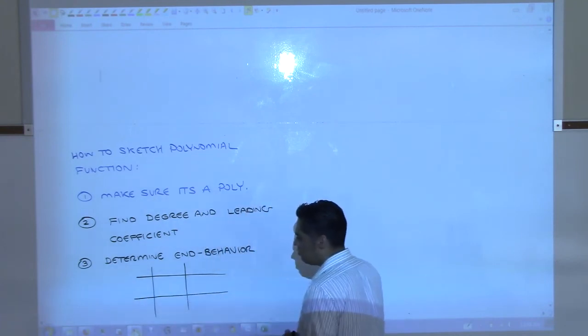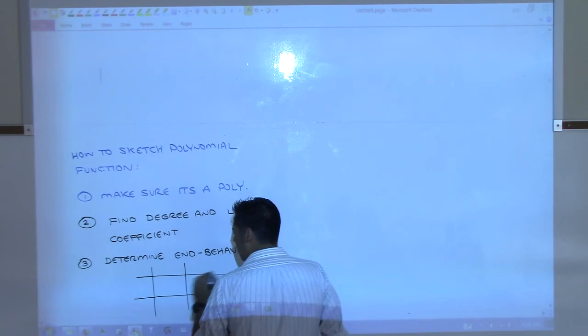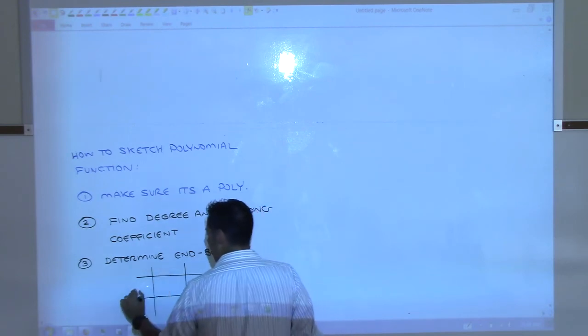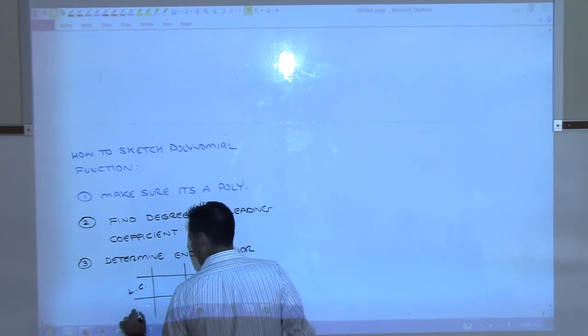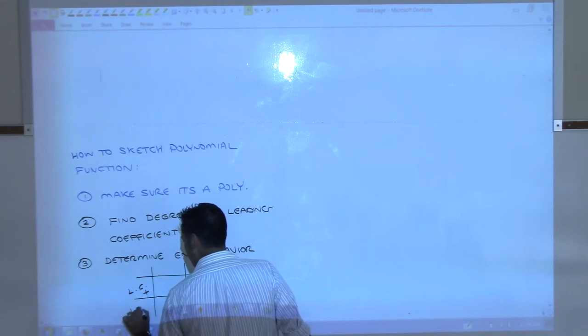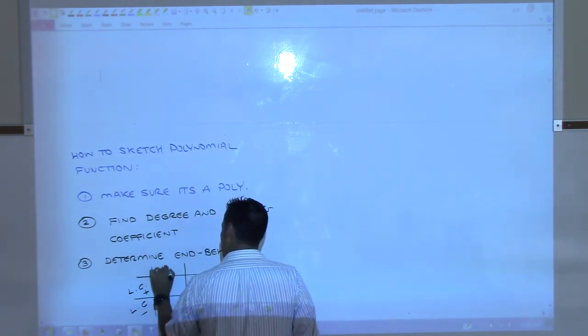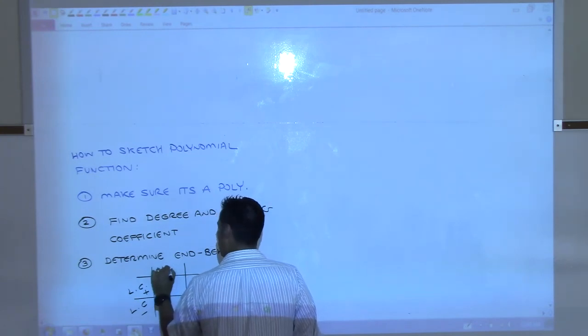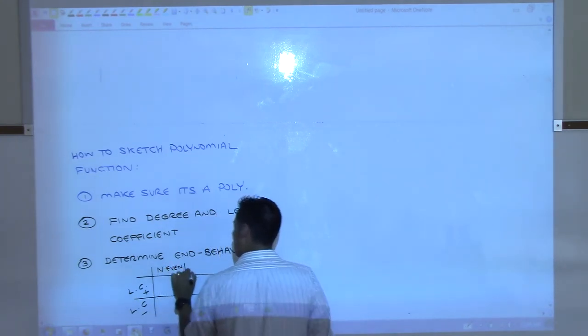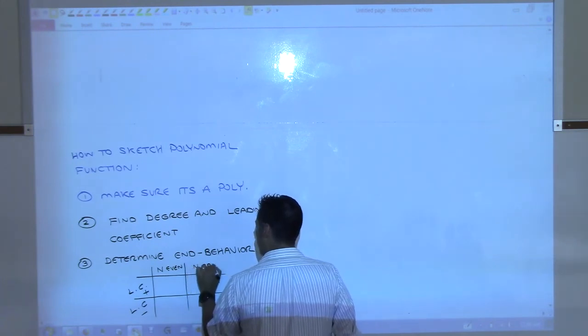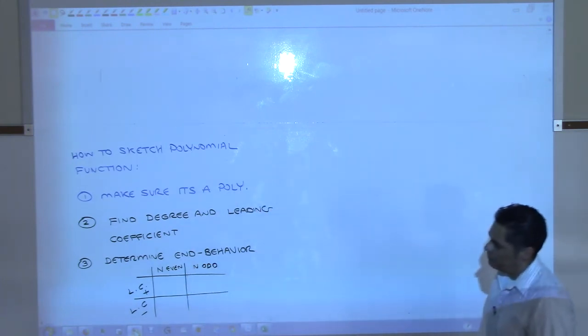All right, so just draw this almost like a little tic-tac-toe. What we're going to do here is I'm going to put LC positive here, LC negative here, N even, and odd. Okay, try and just copy that down real quick.